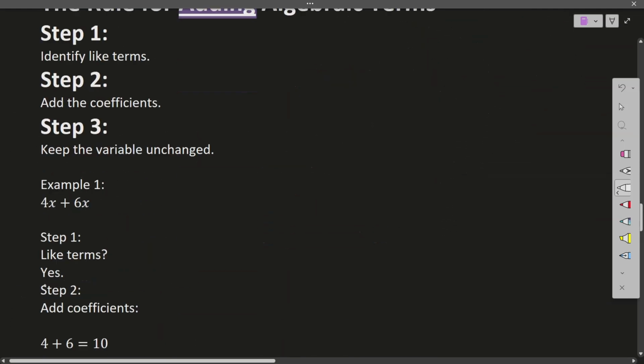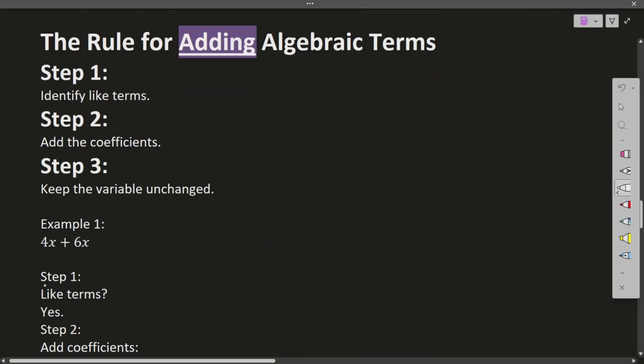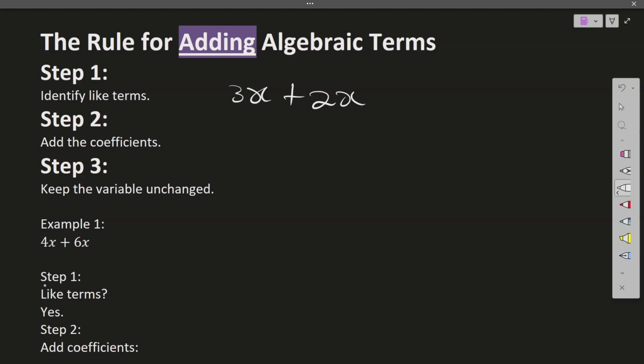So the rule for adding algebraic terms. Step 1, you identify the like terms, like we did in our examples where we had 3x plus 2x. So these are like terms. Why? Because they are raised to the same exponent.